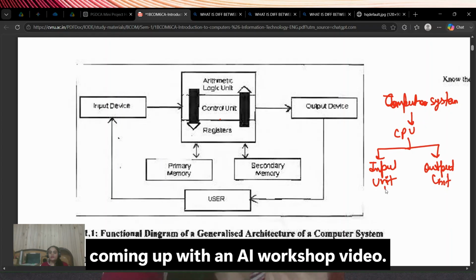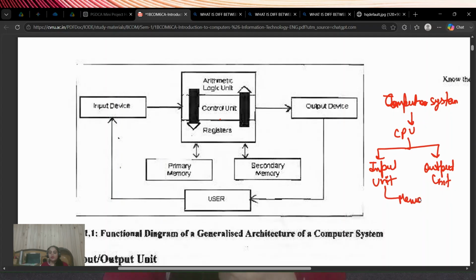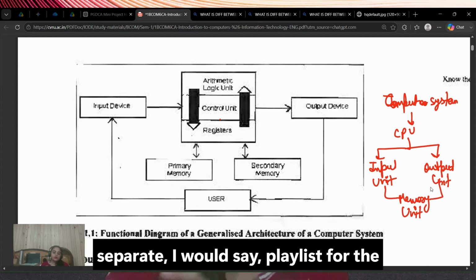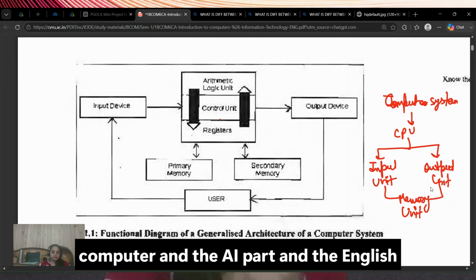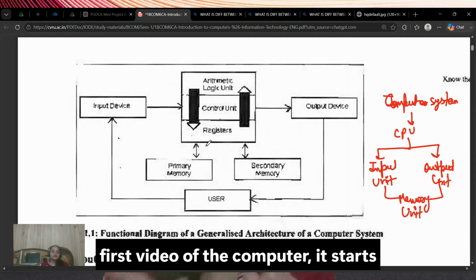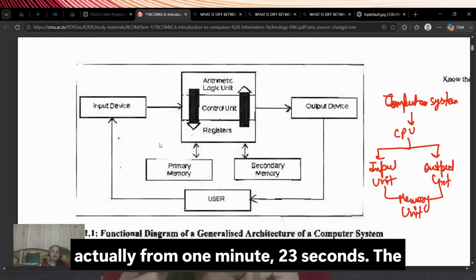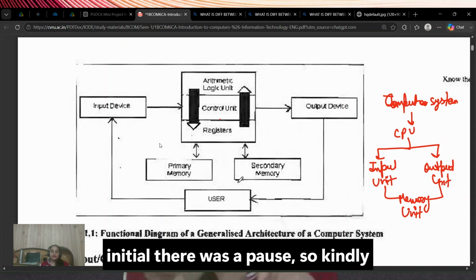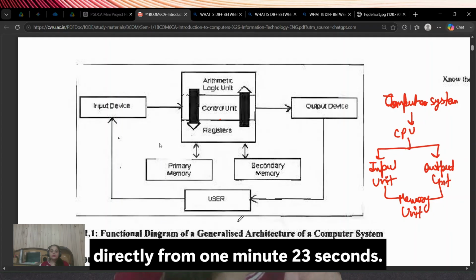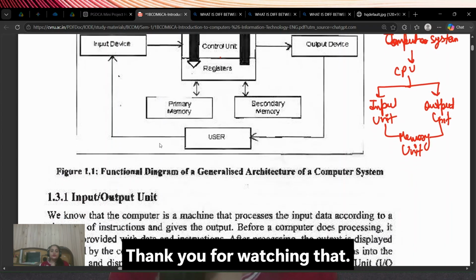I'll be And just then coming the up with an memory AI unit. workshop video and computer. So I'll be just making a separate, I would say, playlist for the Now, computer and the AI part and the English separate part. It's okay. going on. So input unit is So used to the first enter video of the computer, it starts actually data. from 1 minute 23 If seconds. I The go initial back there to was a the, pause. So it's kindly written don't mind actually that, and here, you can what is start the directly input. from We'll be 1 minute coming to this 23 diagram also. seconds. We know Thank you that for watching computer it is a up.